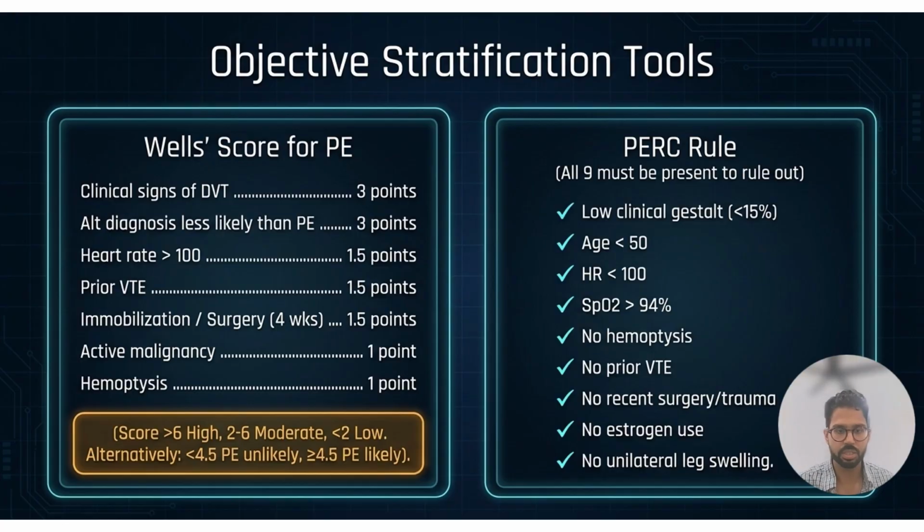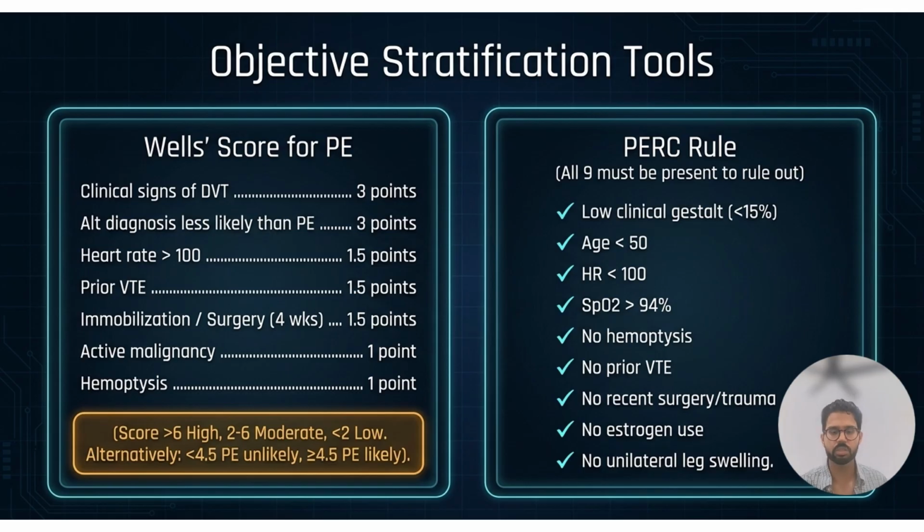When your patient is tachycardic, heart rate more than 100, that's 1.5 points. Prior history of a VTE, 1.5 points. Immobilization or surgery in the past 4 weeks, that's 1.5 points. An active malignancy, remember active malignancy, 1 point.